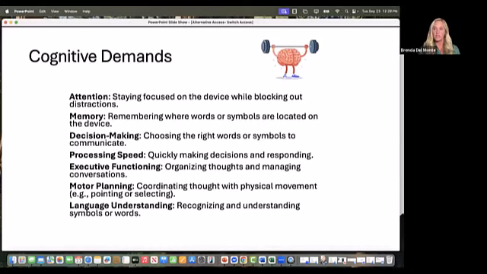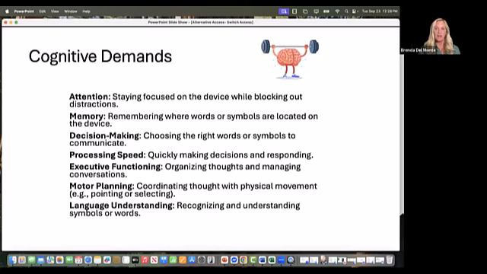And if they're using vision, it needs to be supported with high contrast or whatever you know is support for that student. If the visual demands are high, the cognitive load needs to be lower and the motor load needs to be lower.